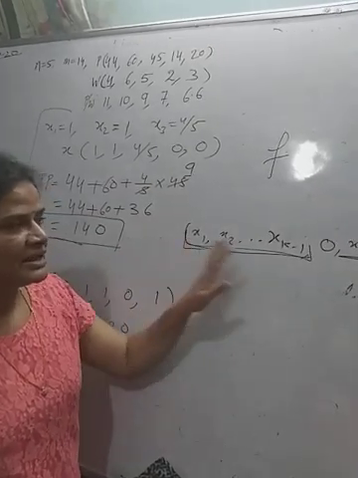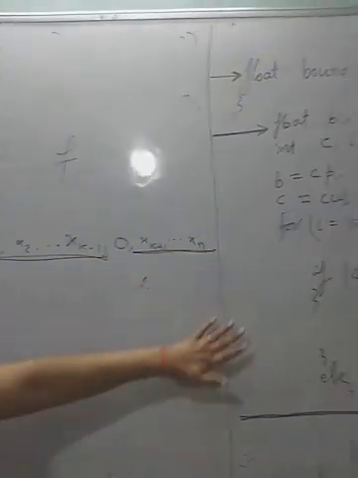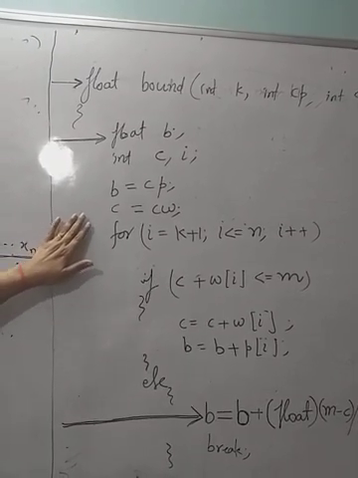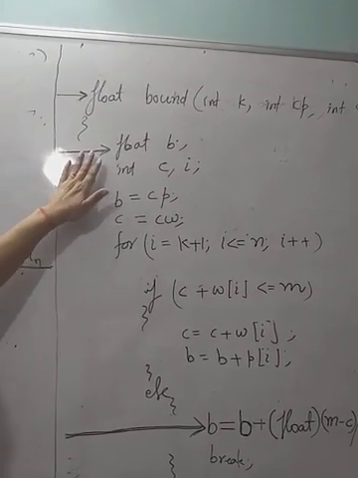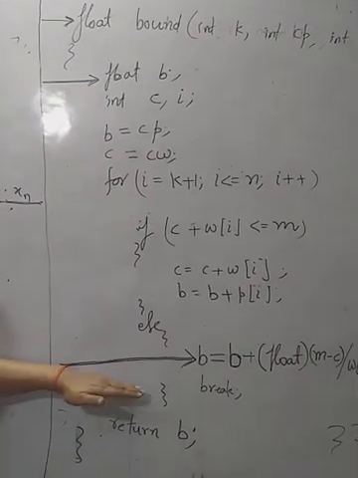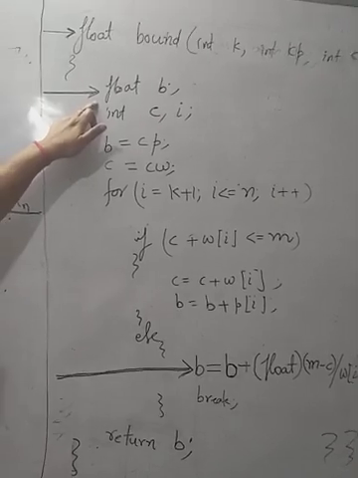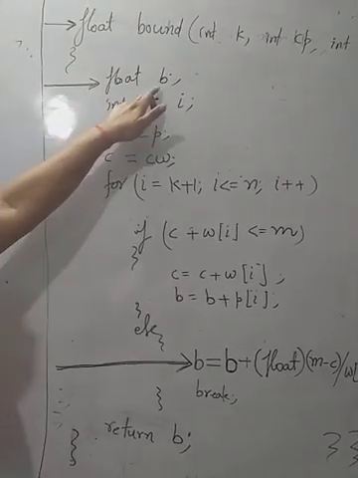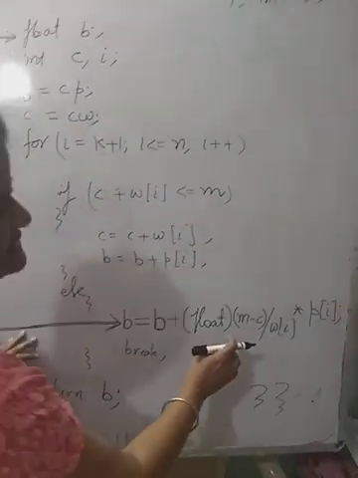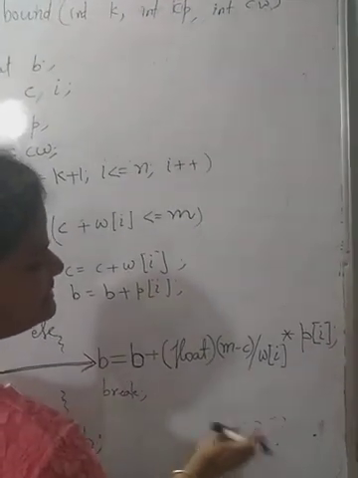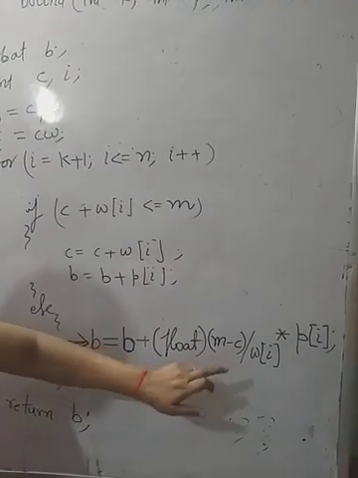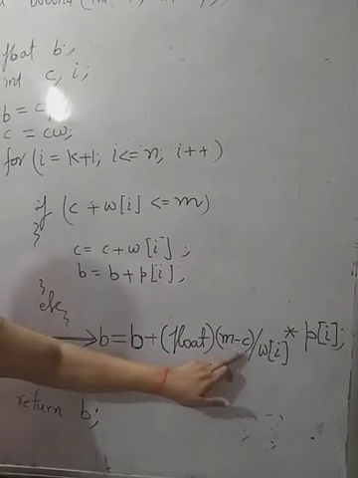Now see, this is the bound function. First clearly note down that this bound function has changes, also note down the changes in the last backtracking part 4. Here you have to declare the profit as float, simply because this is returning fractions, and if this part is M, C and W are integer.